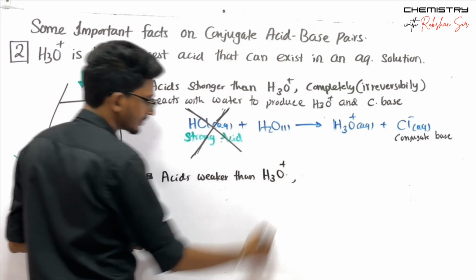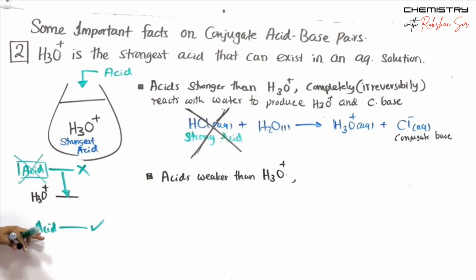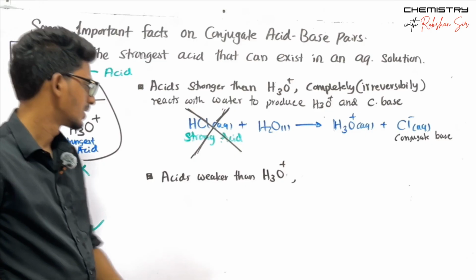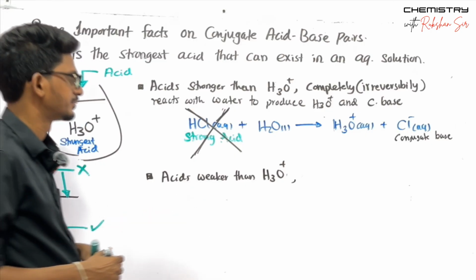Then no worries. If you are weaker than H3O plus, you can exist in the aqueous solutions. You are the weaker guy, so you do not disturb anyone; weak ones are allowed to stay.